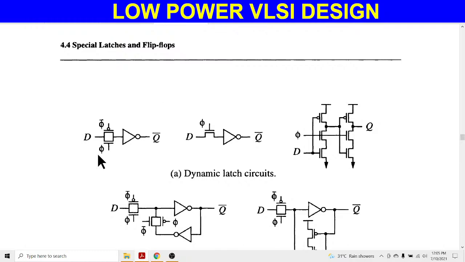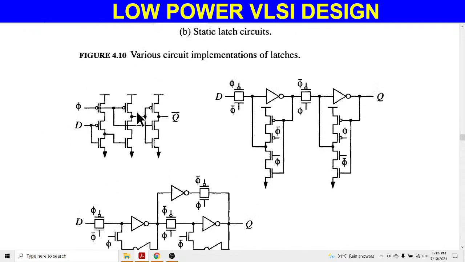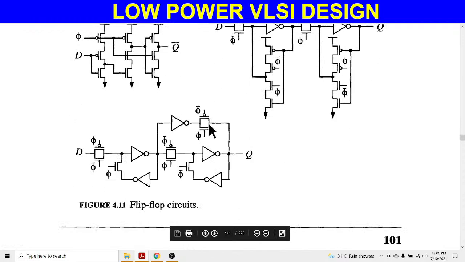This circuit eliminates the need for a dual phase clock pulse. Dual phase means positive phase and negative phase. This one is a latch, this one is a latch, this one is a latch, and this one is the flip-flop.